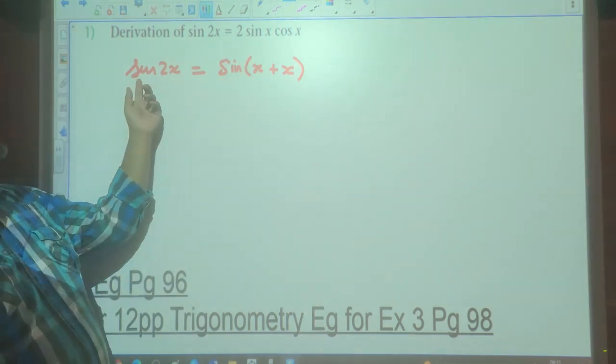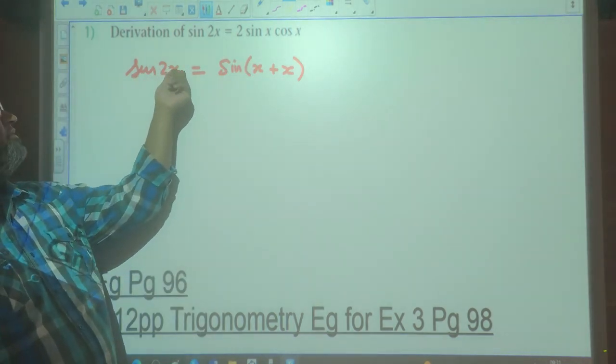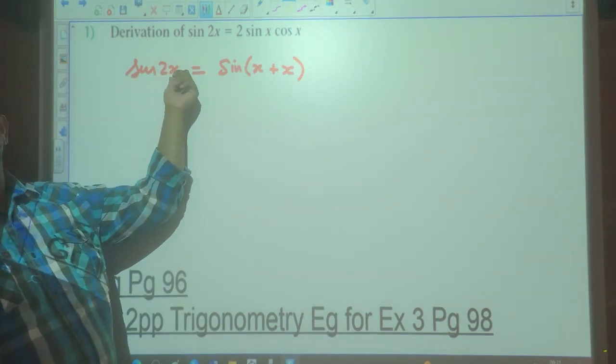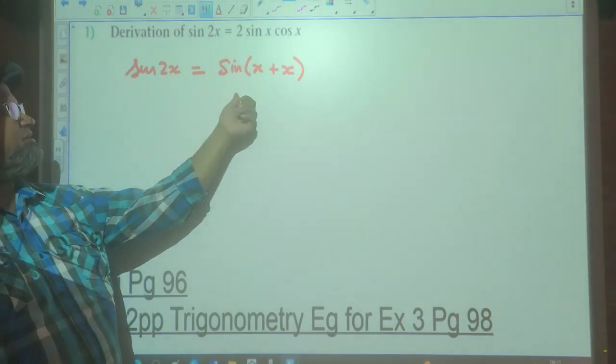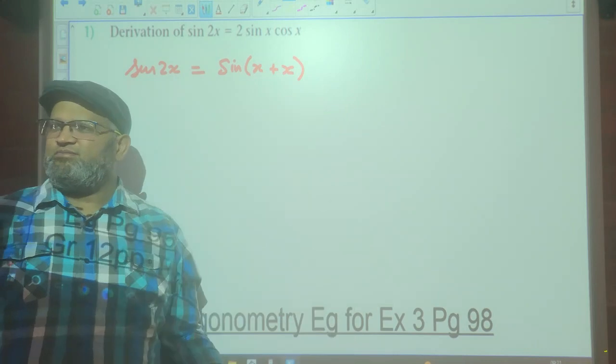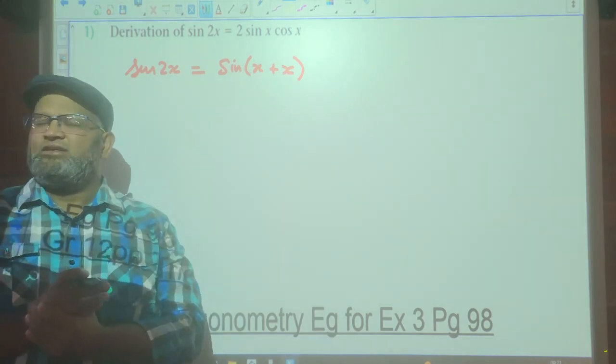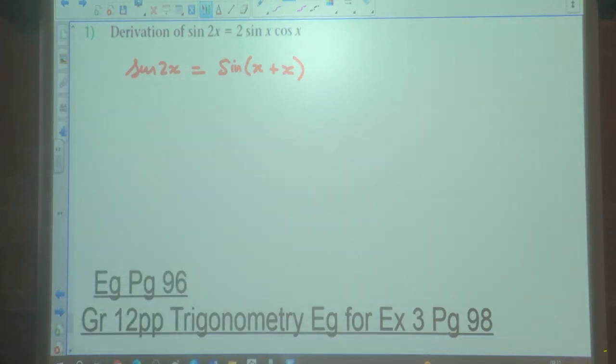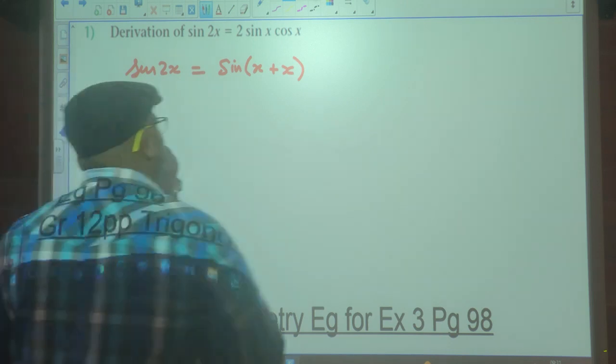If this was sine 14m, then this can be written as sine 7m plus 7m. You understand? As long as it's a double angle, it can be written as the sum of two halves of that angle. Okay, you all agree with that?